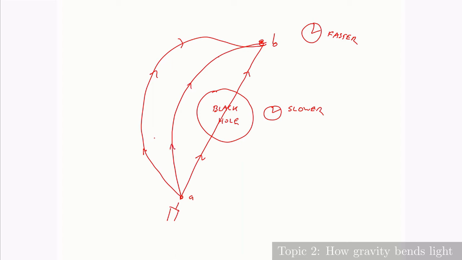So it's bent by the black hole in exactly the same way, using exactly the same principle, Fermat's principle, the principle that light should take the least time. And so gravity has the same effect on light as a material does. The same principle governs the curved path of light in both situations.